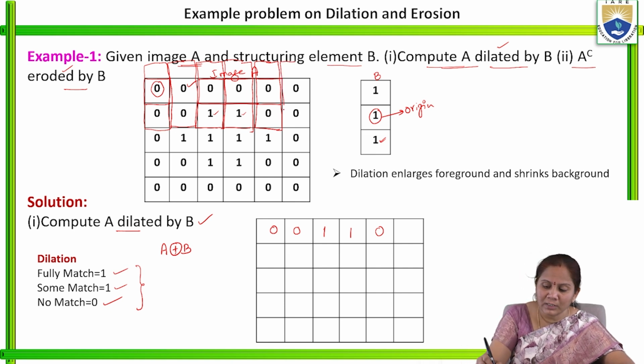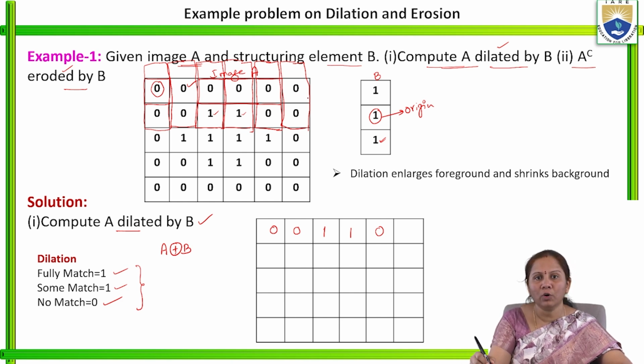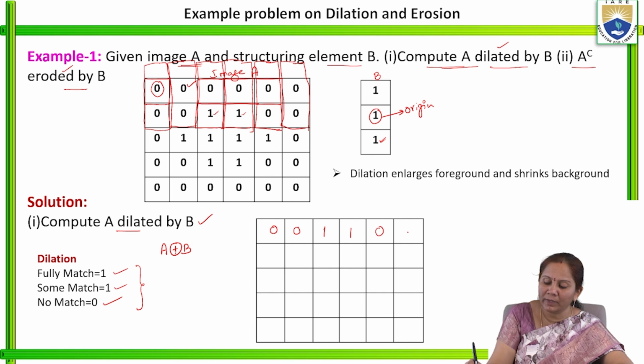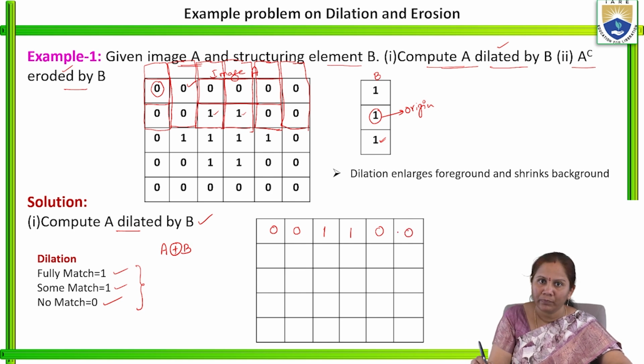Now shifting this sub image, that is the structuring element, towards right to find this element: 1, 1, 1, and here there is no element, 0, 0. So in this case also not even one element is matched, so we will consider it as 0. Similarly, the first row elements are calculated in the output image.